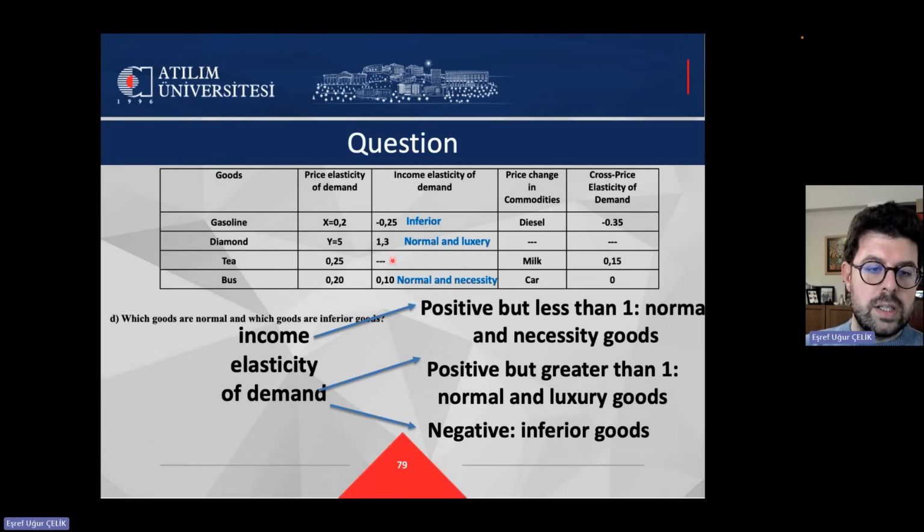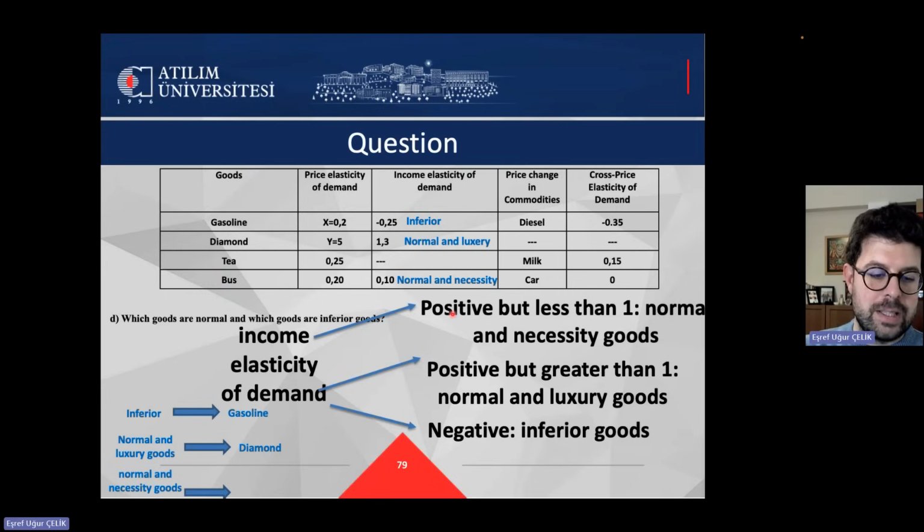So diamond and bus are the normal goods. I wrote luxury, sorry about it. Gasoline is inferior. Diamond normal and luxury. And bus normal and necessity. Okay.